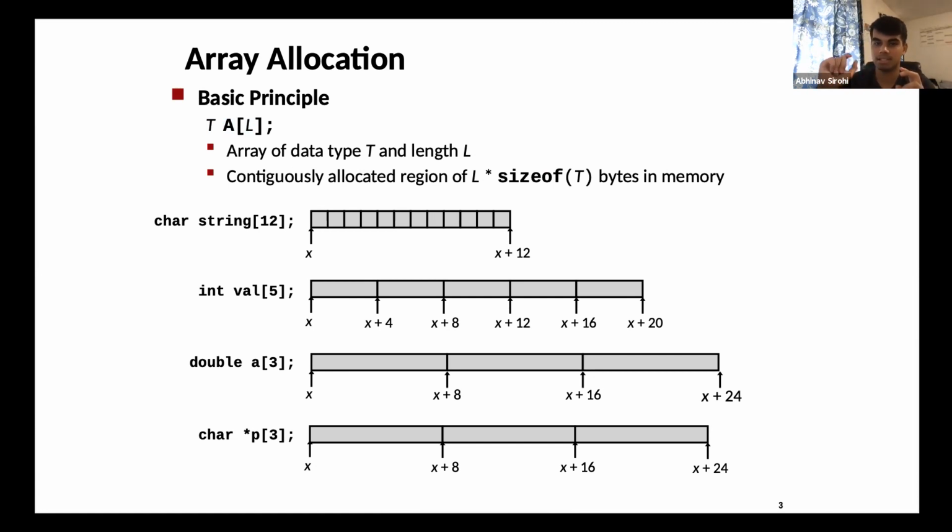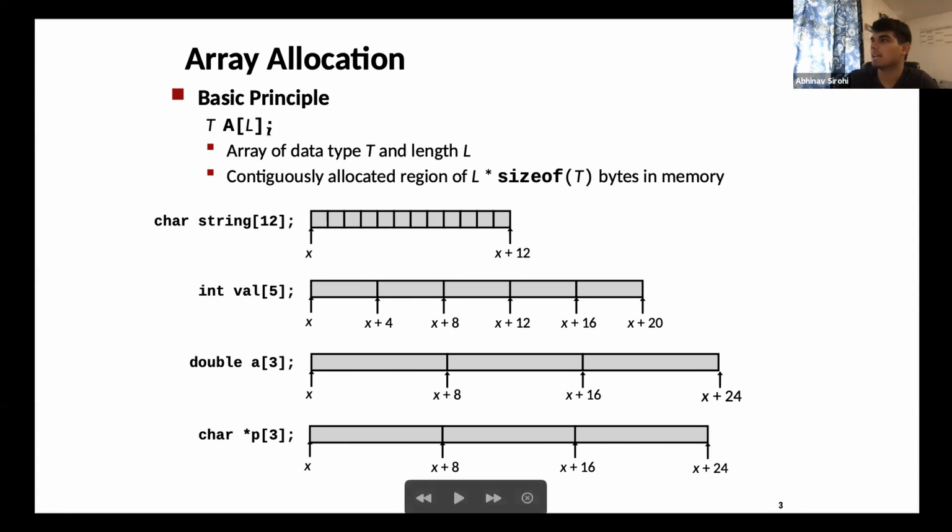Contiguous means that all these blocks are right next to each other in memory. That's why we're able to do pointer arithmetic by, let's say, getting the pointer to A and adding 1 to it. That gets us the next element because it's right next to it in memory.